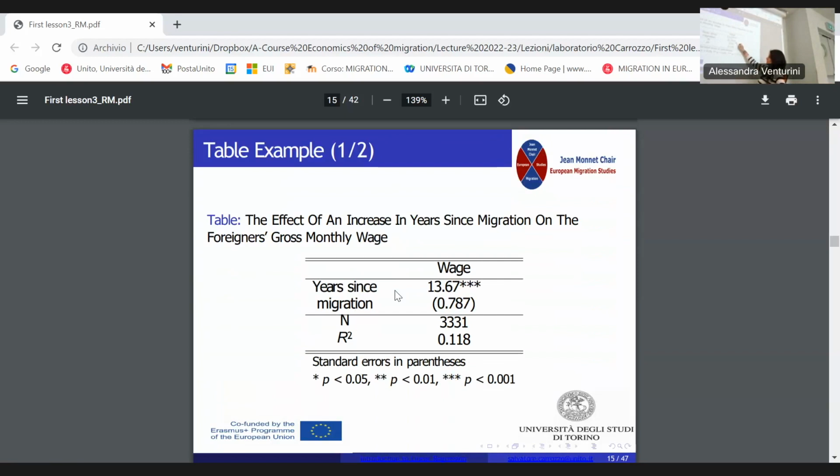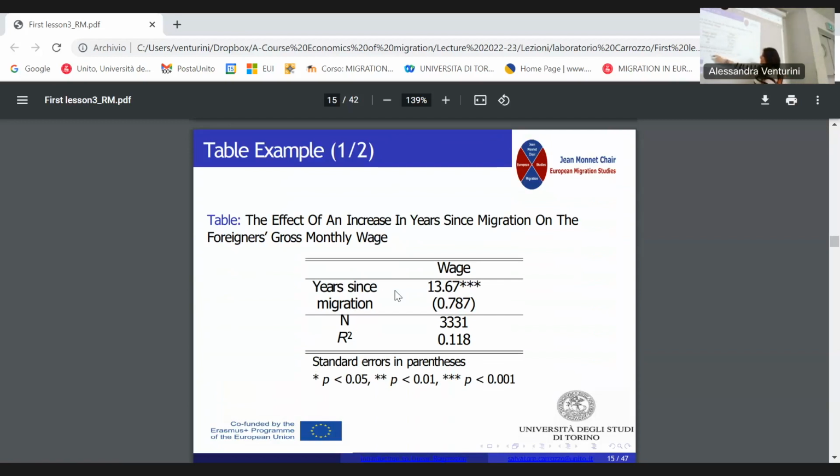Is it the standard error? This is important. The first thing to look at is the error. We also take this R-squared, a measure of the goodness of fit. It's written below.